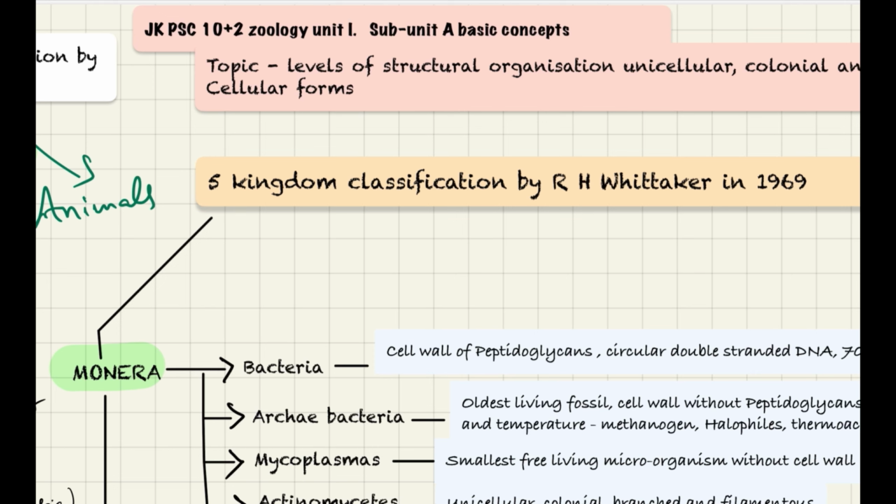This is particularly based on the JKPSC 10+2 Zoology lecture syllabus, but these topics can be used for other exams also. Here what we are going to do is pick up certain topics which are important and complex, and discuss them with mind maps.